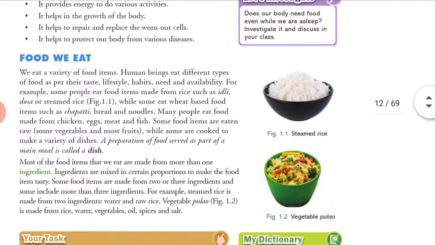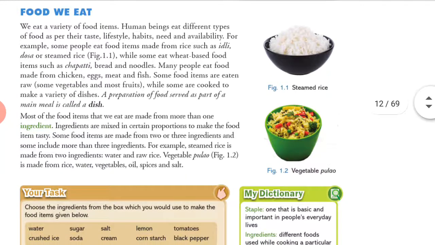Food we eat. See this. Steamed rice is shown in figure 1.1, as well as vegetable pulao is shown over there. These seem to be very delicious. We eat a variety of food items. Human beings eat different types of food as per their taste, lifestyle, habits, need, and availability.